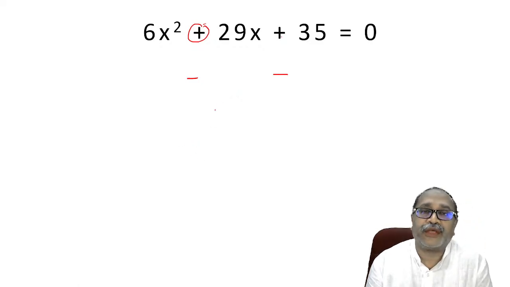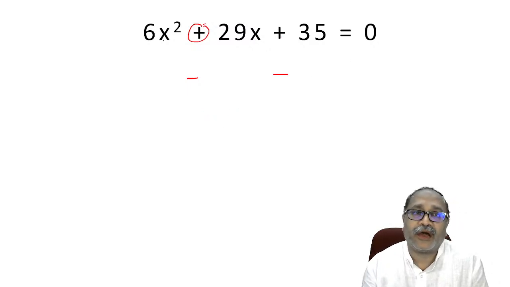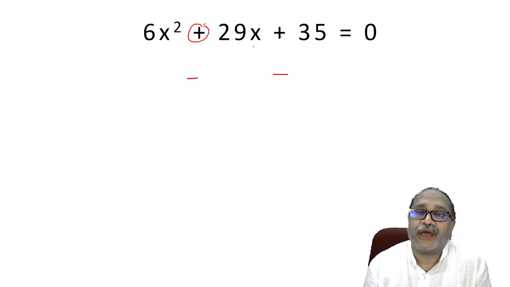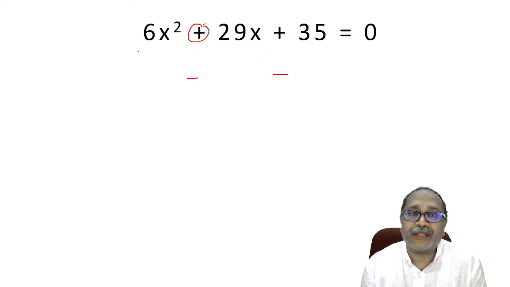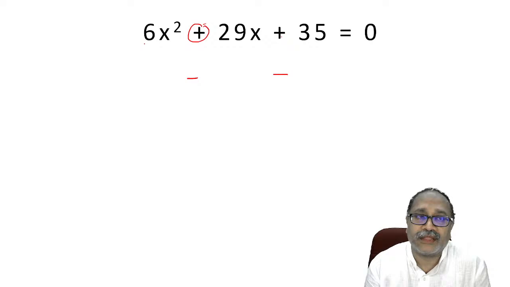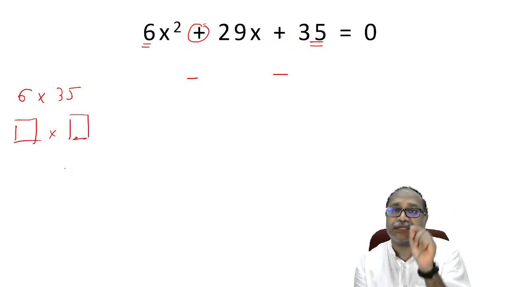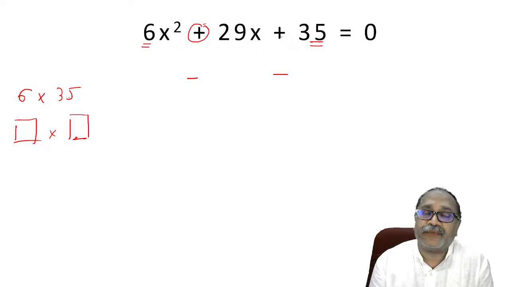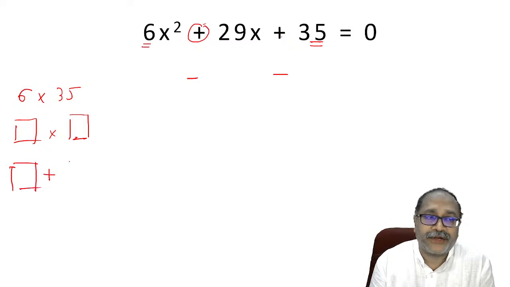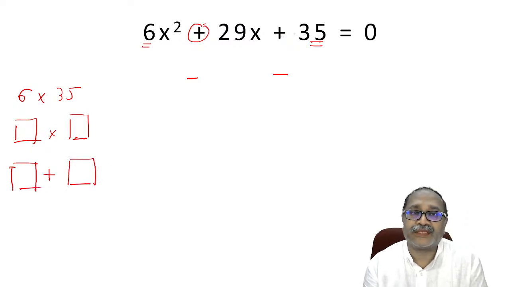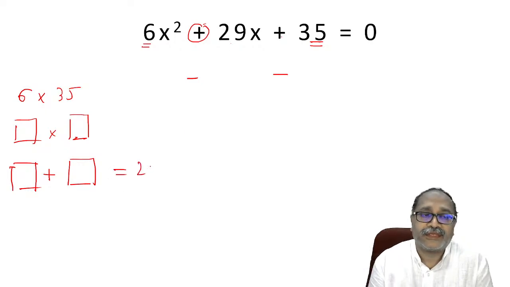Now, coming to the next part, that is, how do I get the value of x? I will get the value of x by using this 6 and 35. You should break 6 into 35 into factors in such a way that when you multiply, it should be 6 into 35, but when you add these two parts, the sum should be 29.